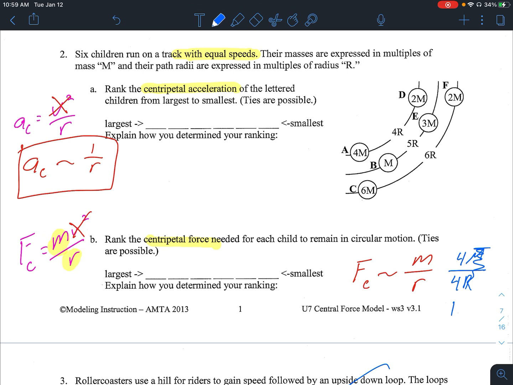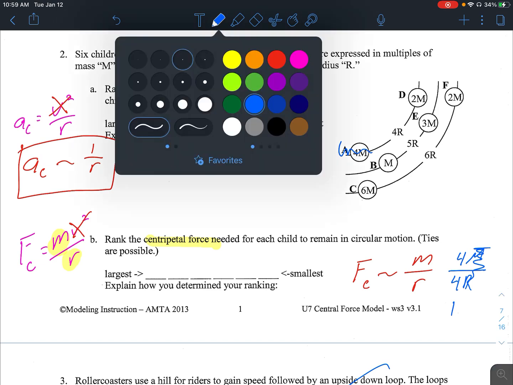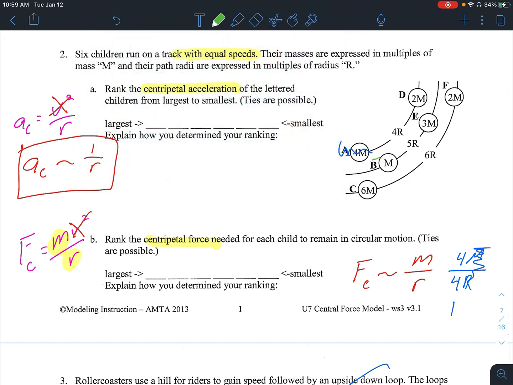So you do the same thing for each runner. So the blue was for runner A. We'll go green for runner B. So the green has a mass of m, so just 1m, and in lane 2 or 5r.